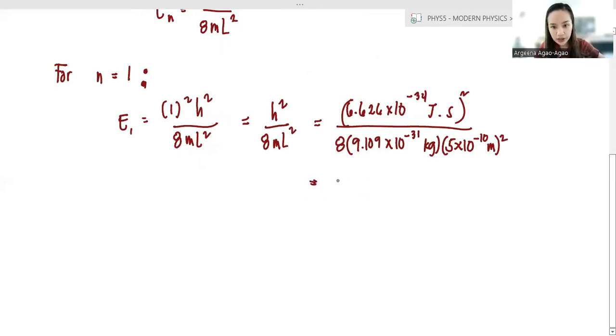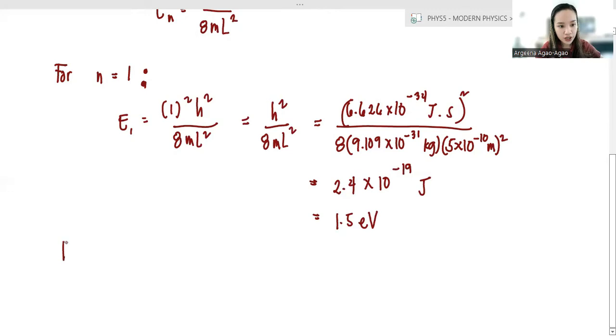So calculating this, you will be obtaining 2.4 times 10 raised to negative 19 joules, or in terms of electron volts, this is 1.5 eV.